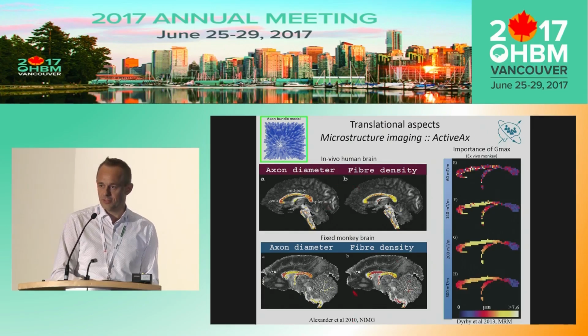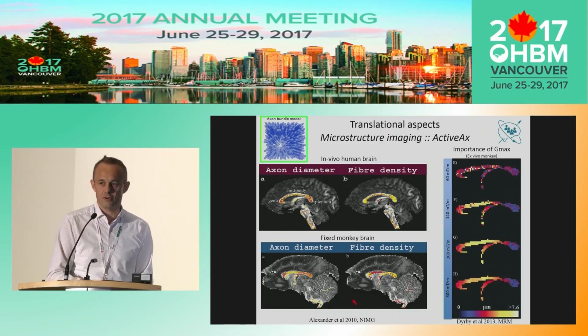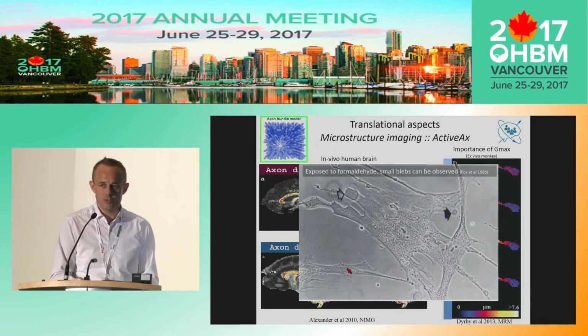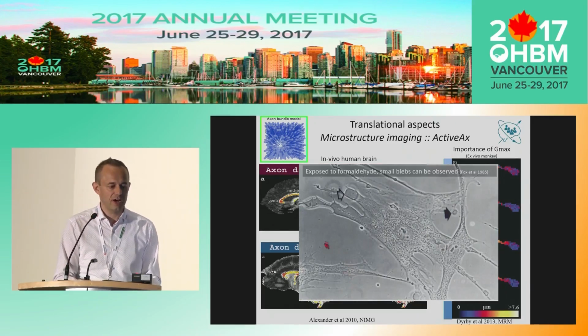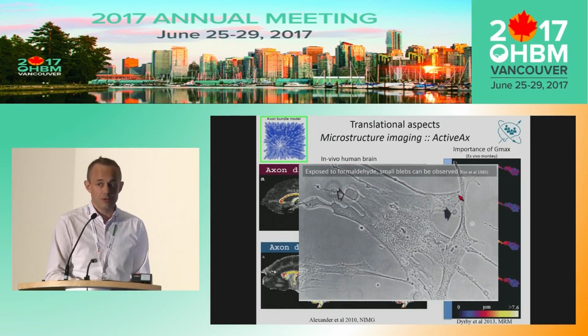The reason for this could be that with fixation, of course, we have stopped all physiological processes, cell membrane exchange, and everything has stopped in ex vivo. And that could be a contributor to this additional compartment. But it has also been shown that when you put tissue into formaldehyde, you can see small blebs appearing in the tissue. If this is the case for what we observe here, we do not know.